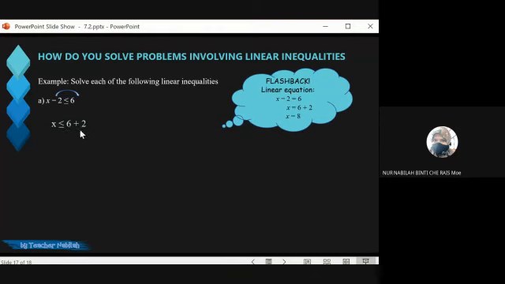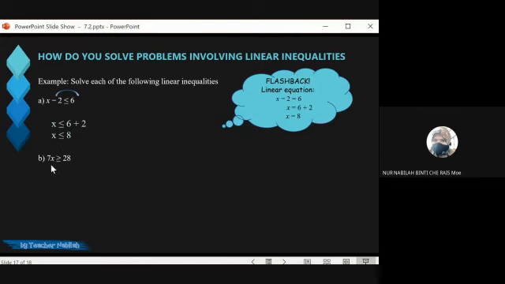So you solve this one and you will get x is less than 6 plus 2, equal to 8. So this is your answer. Okay, similar to linear equation. So if you have no problem in linear equations, this one is also no problem. Just remember that when you multiply or divide by a negative, then you have to change the symbol. That's all.